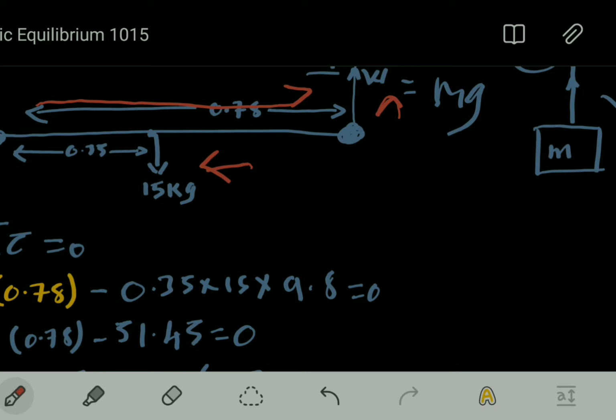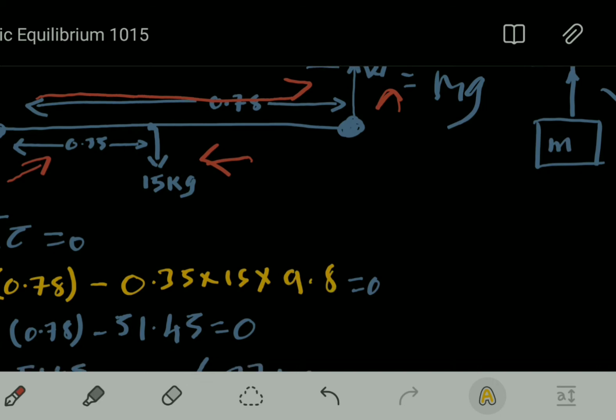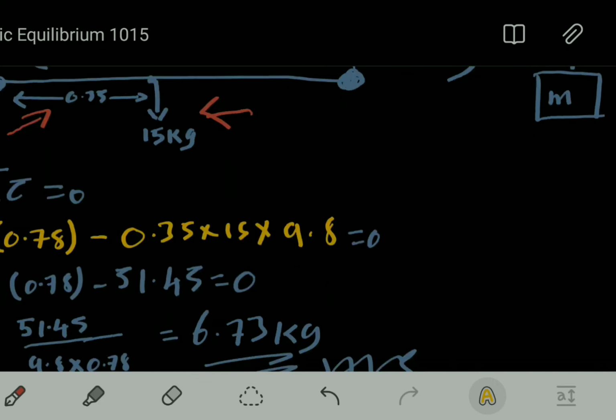We know that clockwise torque is negative, therefore it will be minus the perpendicular distance, which is 0.35, times 15 kgs times 9.8. We multiply by 9.8 to work with the weight here, which is a force.